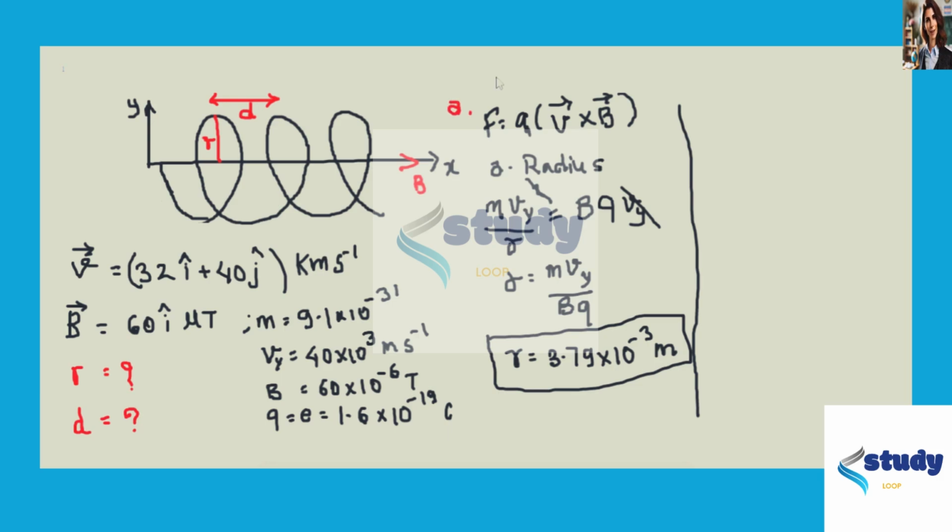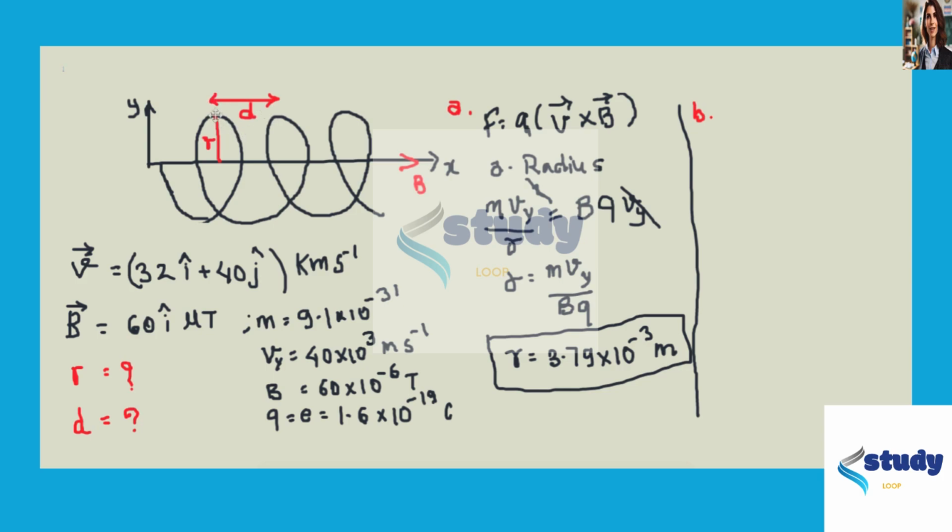So let's move on to part B. In part B we have to find the pitch. To find the pitch, we need to consider the velocity along x. The velocity along x remains constant because there is no force acting on it. So the velocity always remains 32 km per second along x.